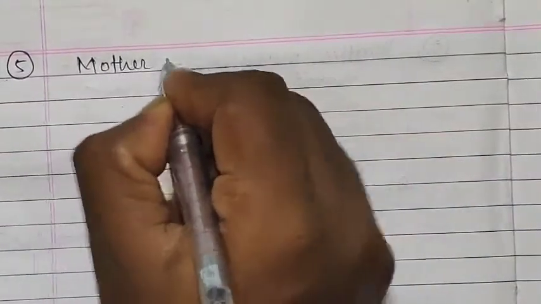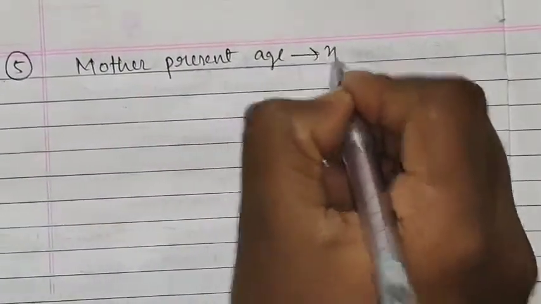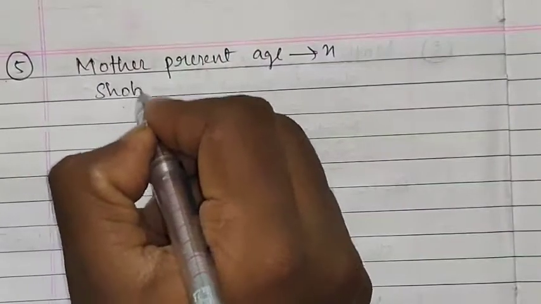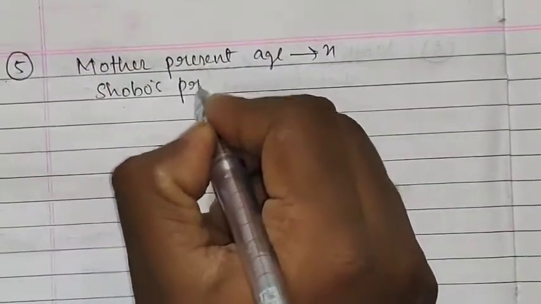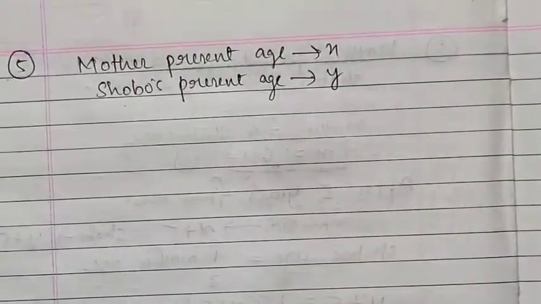In the question, we don't know the mother's age and Shobo's age. Therefore we will let the mother's present age be x and Shobo's present age I will take as y years.